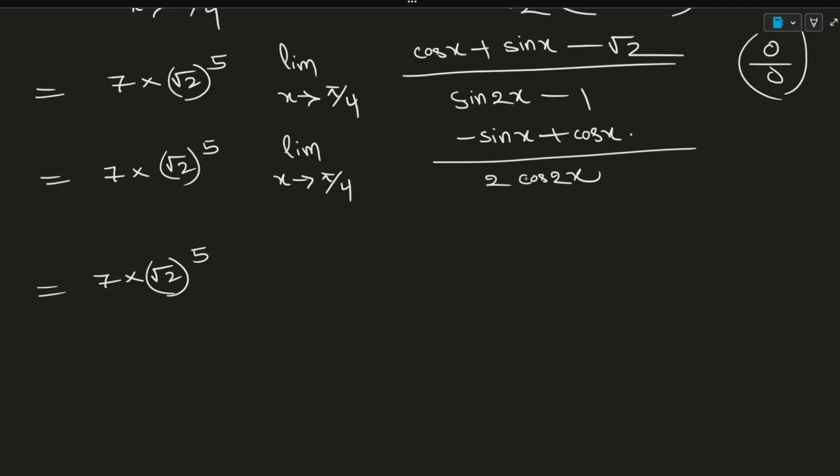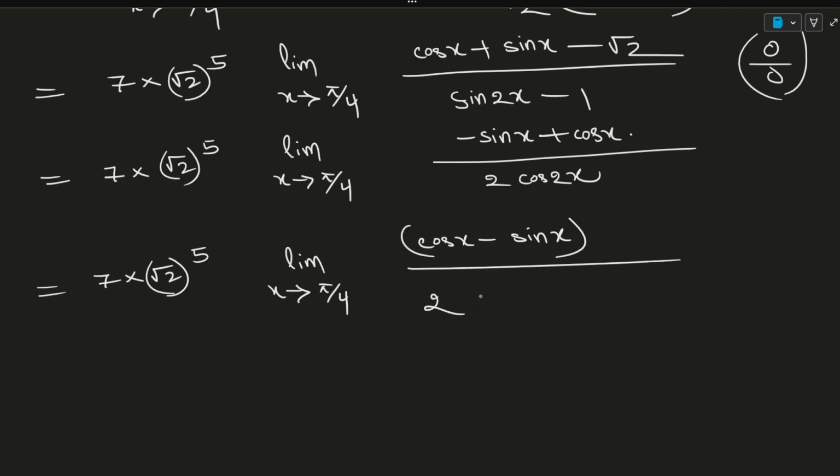Now, cos 2x is cos square x minus sin square x.